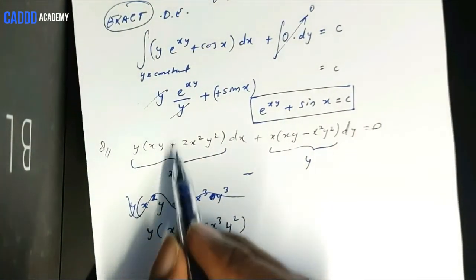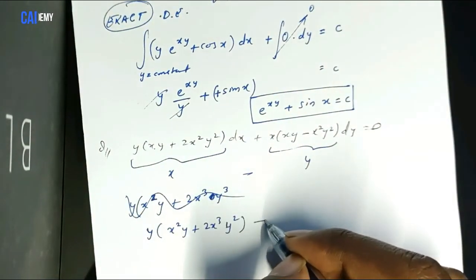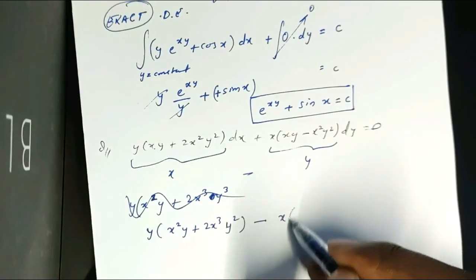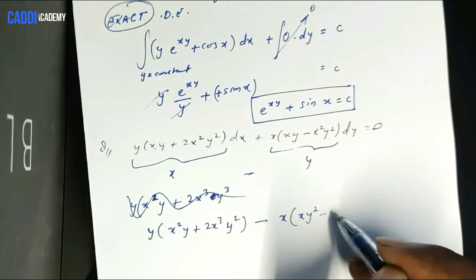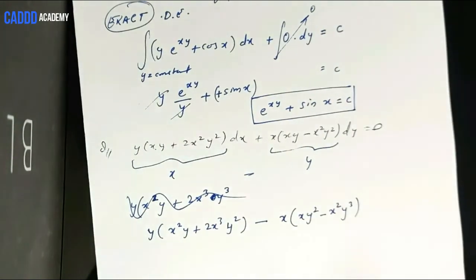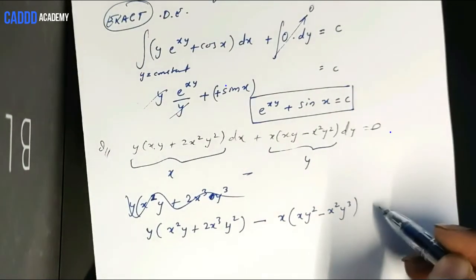This is when we multiplied x into this term, and we have to subtract the second term, which is x into xy square minus x square, and y gets multiplied here, it will be y cube.